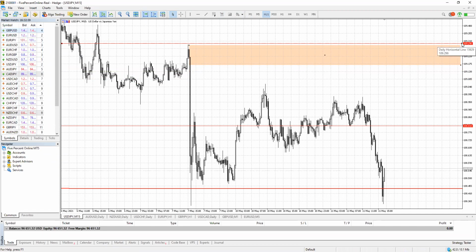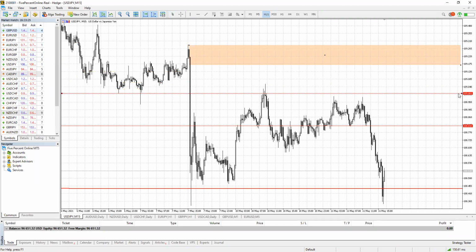Okay, so if price goes all the way to the top, you want your stop to be above the supply area, because those sellers there will protect your trade from getting stopped out. So you either place it above the supply area or you place it down there.